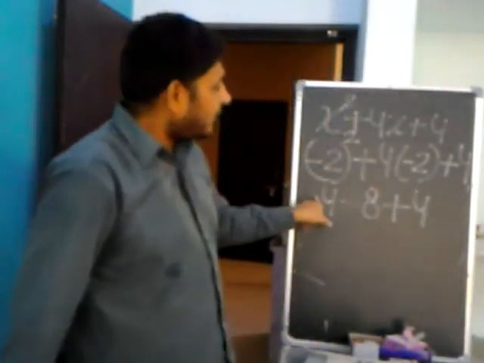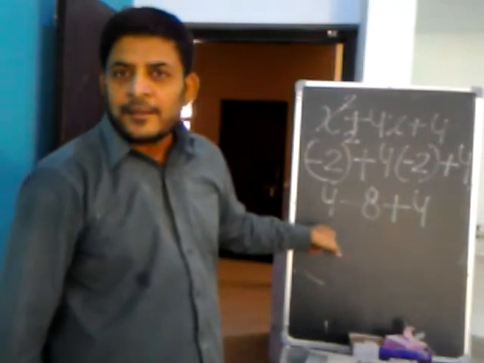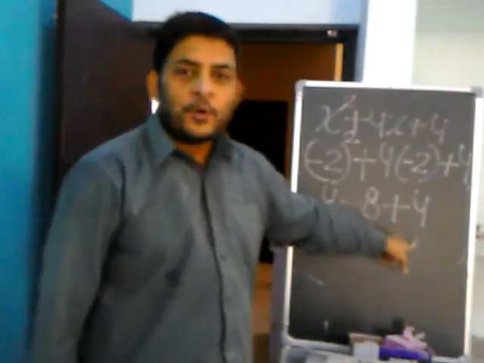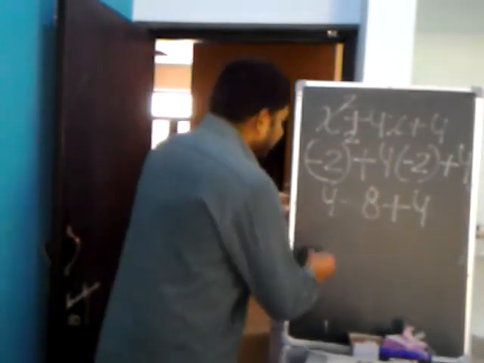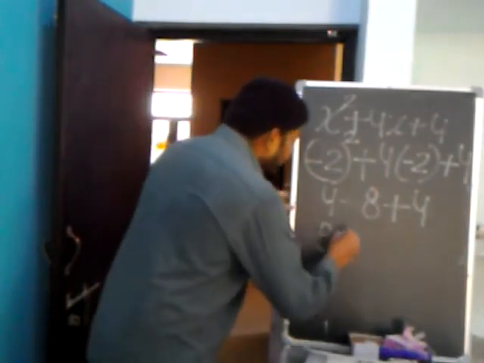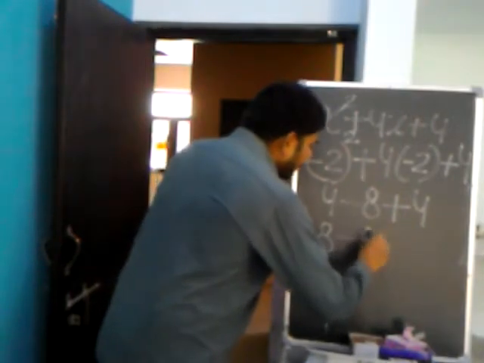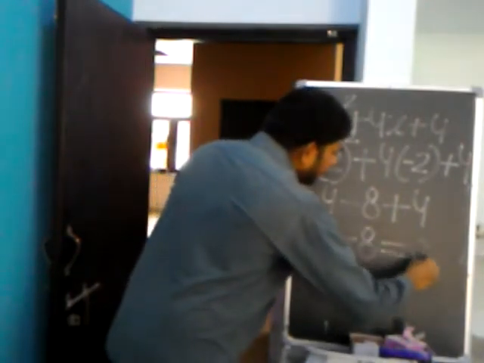Now this 4 and this 4 have the same sign, so I can add them. 4 plus 4 is 8. 8 minus 8 is 0.